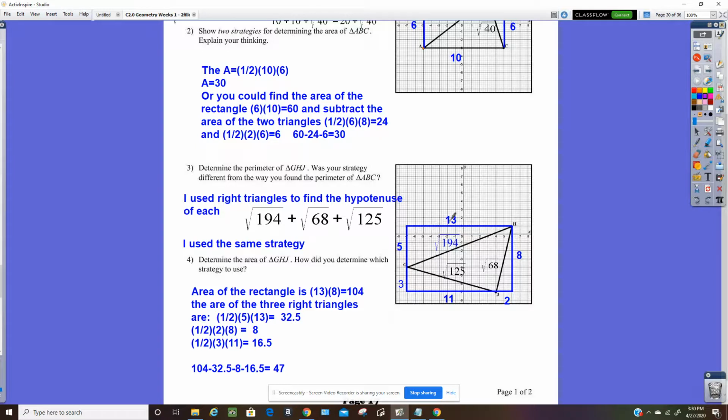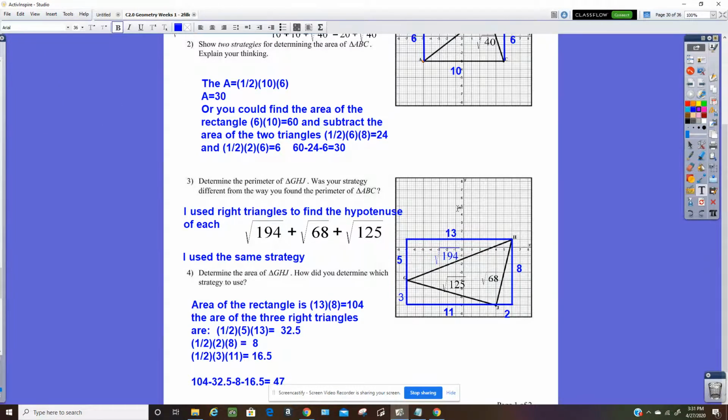So this is 5 times 13, 65. Half of that is 32.5. So this area right here, if I were to write it in, is 32.5. Let me type it. So this area is 32.5.